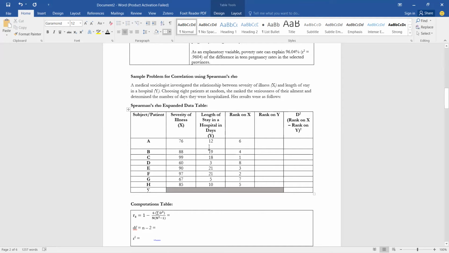Now for rank on Y, you will notice that 2 patients have the same length of stay in the hospital. Patients E and F stayed in the hospital for 21 days. So that's a tied pair there. I believe you've encountered breaking tied pairs in school, when you were being handed out recognition in the honors list, in the top 10 or top 15.